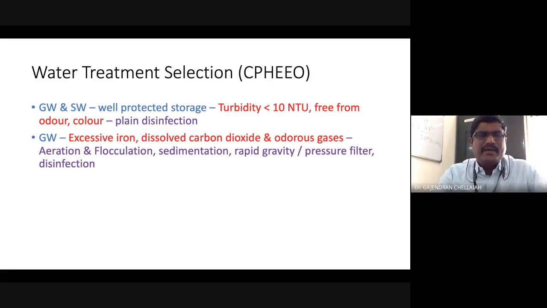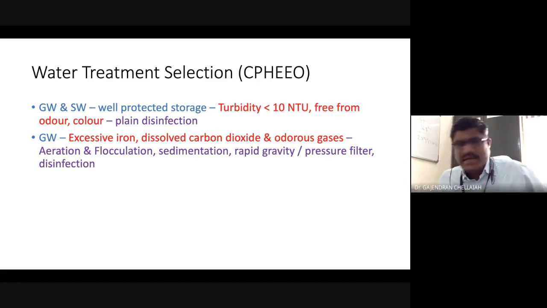Actually, this is the manual recommended by the Ministry of Urban Development. This manual will give you information about water and wastewater treatment technology, that is, what water treatment methods are available, especially with reference to India.